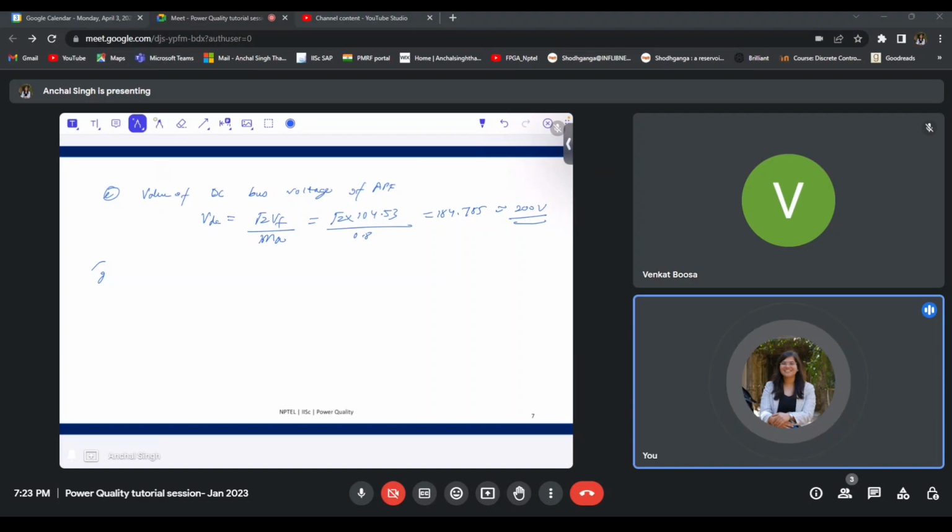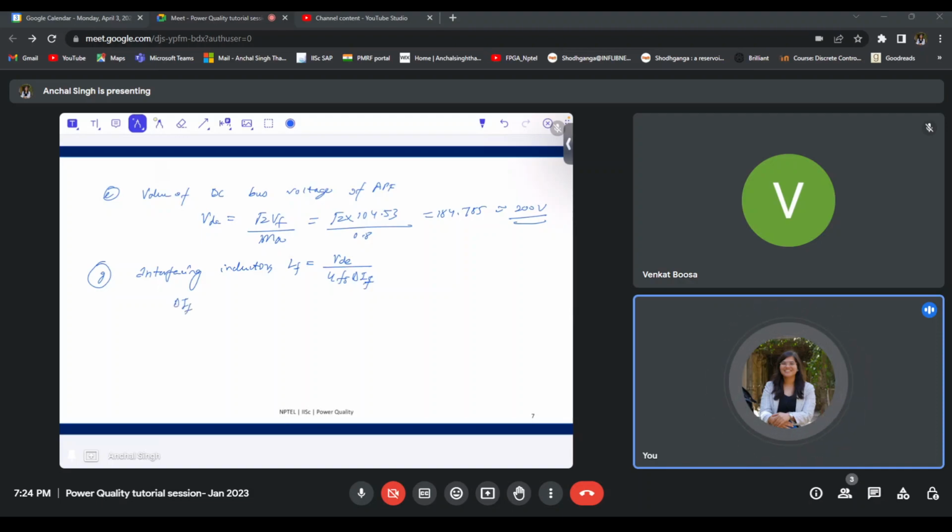And in the last part, we were asked to calculate the value of the interfacing inductor. The standard expression is Vdc divided by 4 Vf into delta IF.